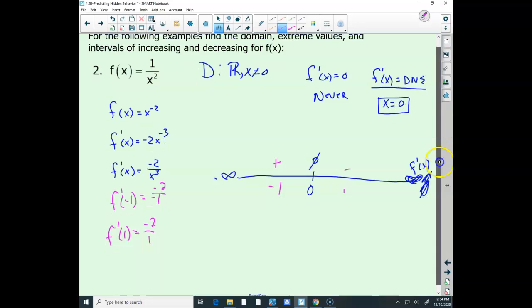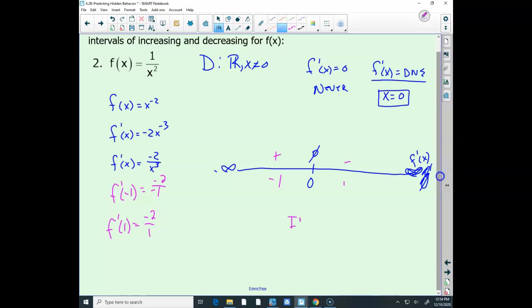So I know I'm increasing from negative infinity all the way up to 0 because y prime is greater than 0. I know I'm decreasing from 0 to infinity. Why? Because f prime of x is less than 0.